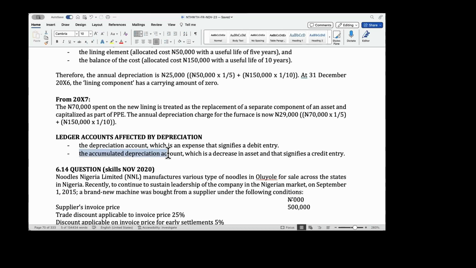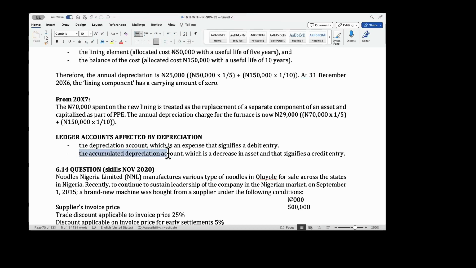Then you have the accumulated depreciation account, which is just tracking the depreciation you have charged on these assets till date, or you're charging over time. So at a point in time, when you're computing carrying amounts, you just go to your asset account. You pick that one.